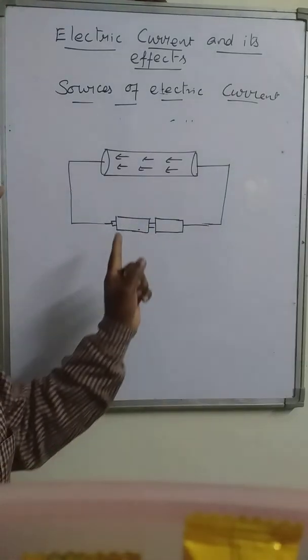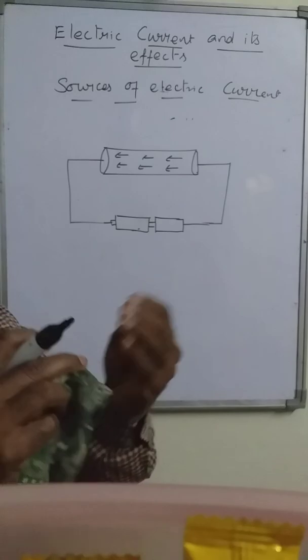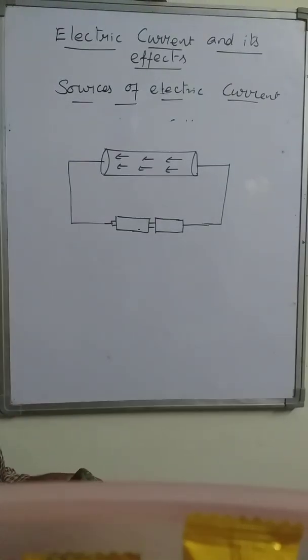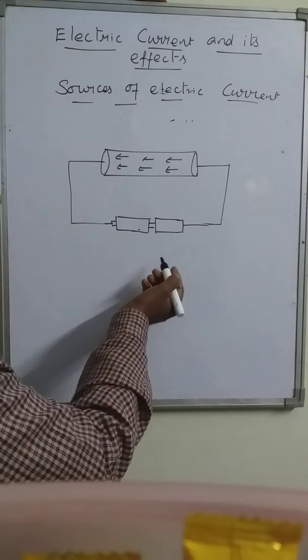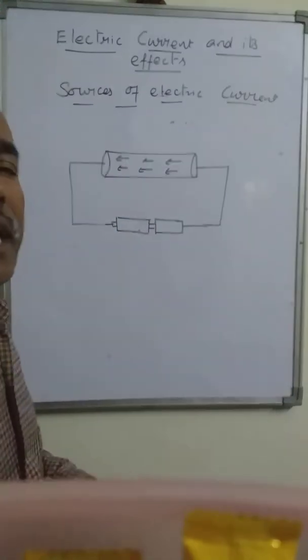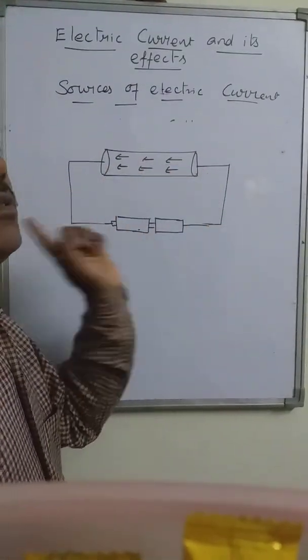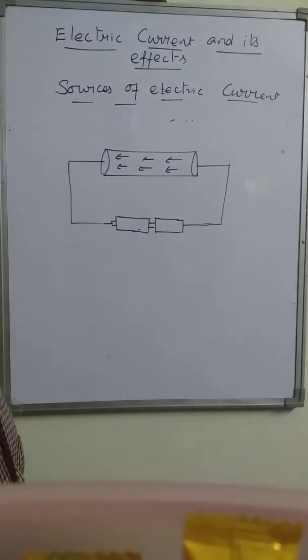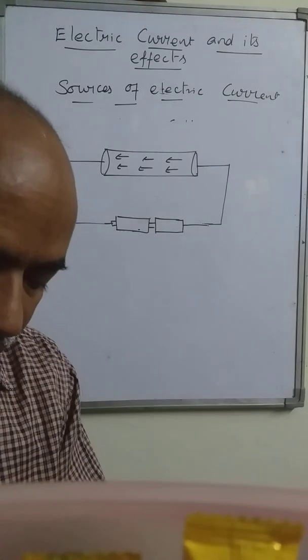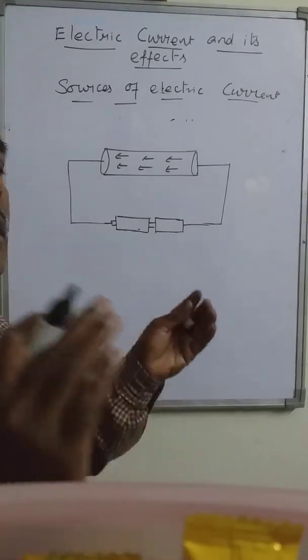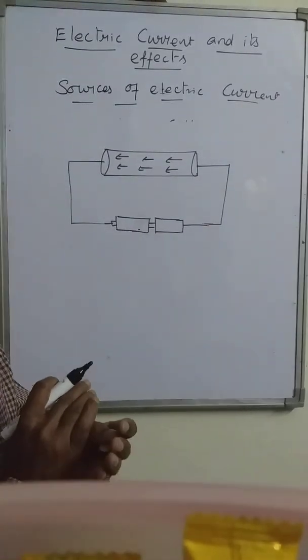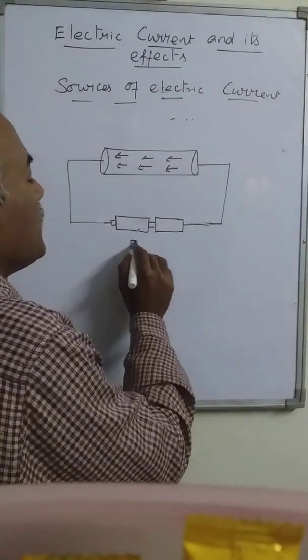Now the two cells are joined together. Again, electrical energy is supplied through the wire and the electric current flows through the conductor. So here we say the two cells are grouped together. It makes a battery.